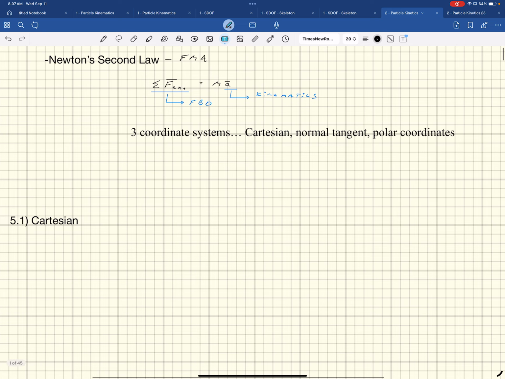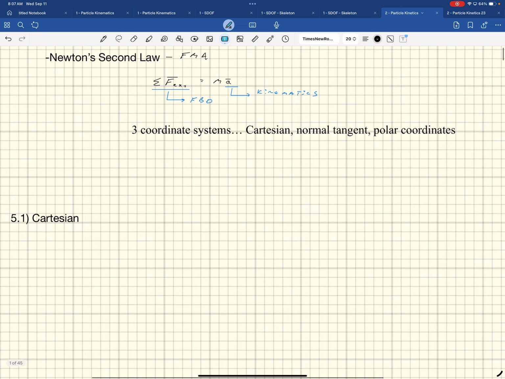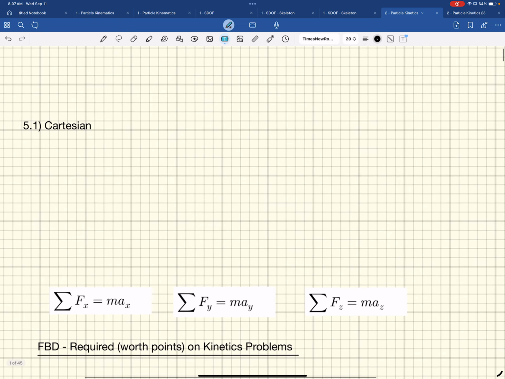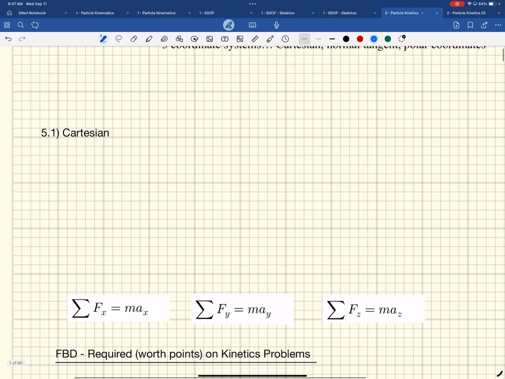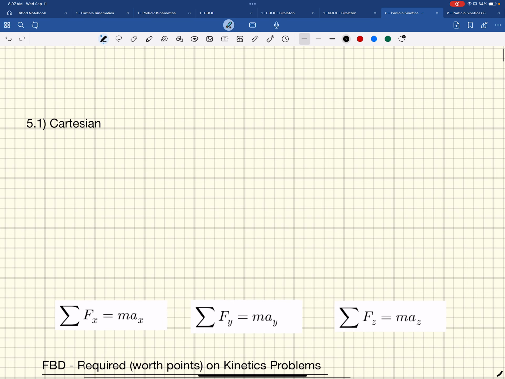Okay, so let's talk about Cartesian coordinates. Like I said, all these things are vectors, so we're going to write that equation down again. Sum of the external forces is equal to mass times acceleration.